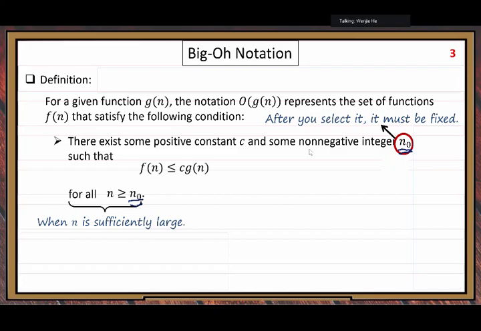At the beginning, you have a lot of freedom to choose n0.